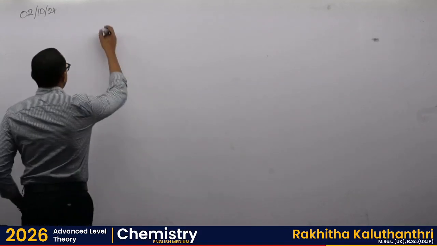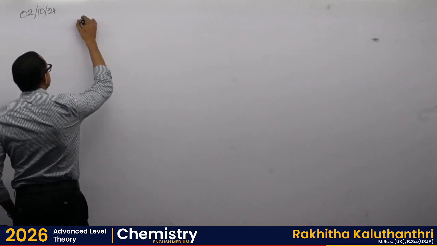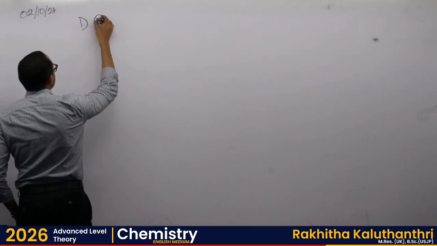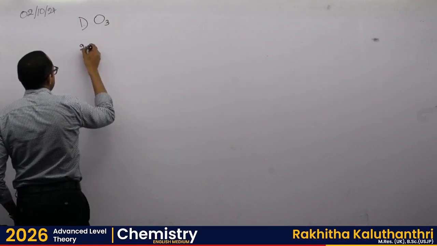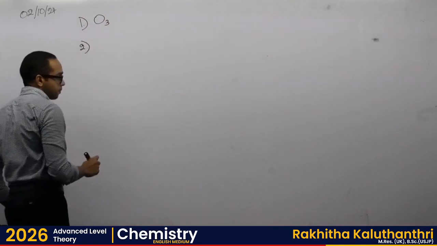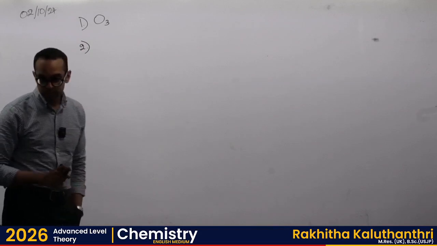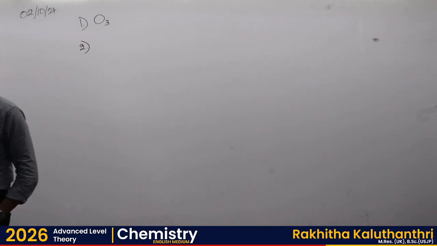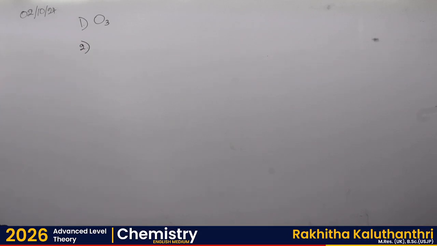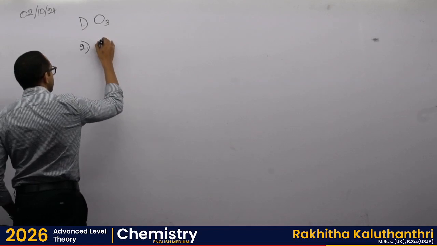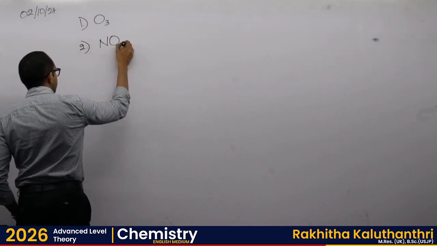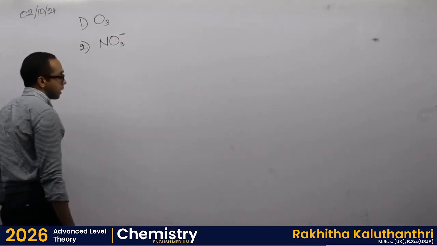We have already done it, so it's quite easy. Second one is, let's say, nitrate, NO3 1 minus.